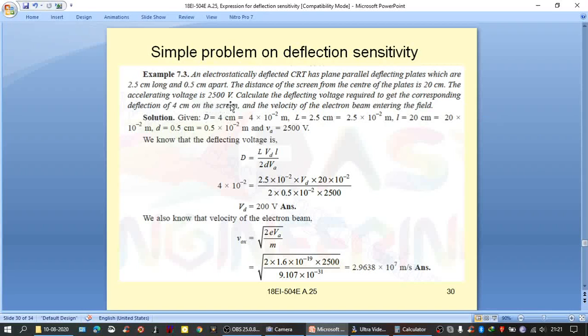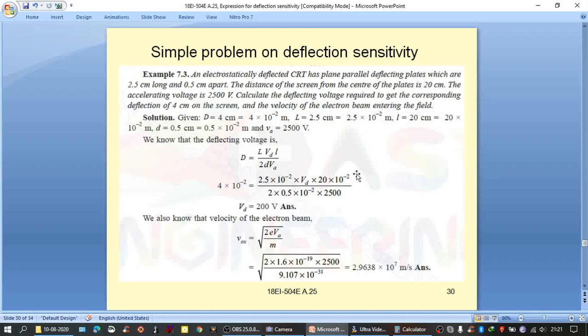The accelerating voltage is 2500 volts, Ea is 2500 volts. Calculate the deflecting voltage required to get the corresponding deflection of 4 centimeters on the screen and the velocity of the electron beam entering the field.